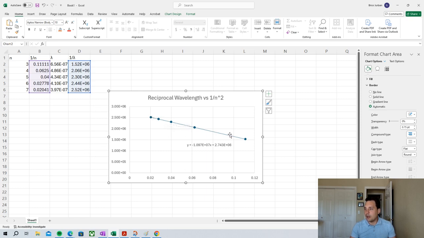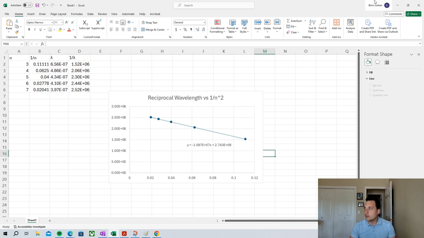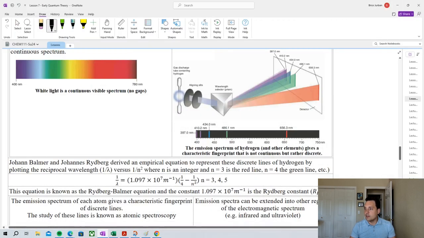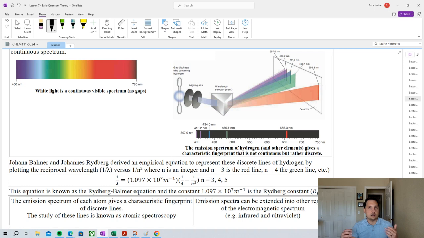And we get a line that fits this data really, really nicely. We have 5 data points, and we get a trend line that gives us this number, 1.97 e to the 7th times x. That's our slope. That number there is the Rydberg constant. This constant is just an empirical number that fits the data.